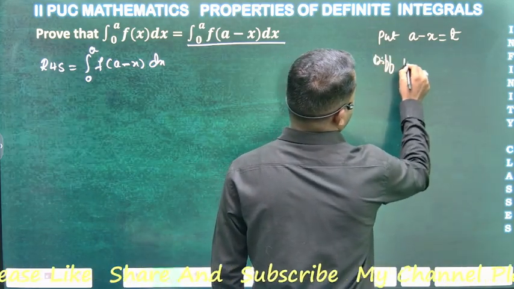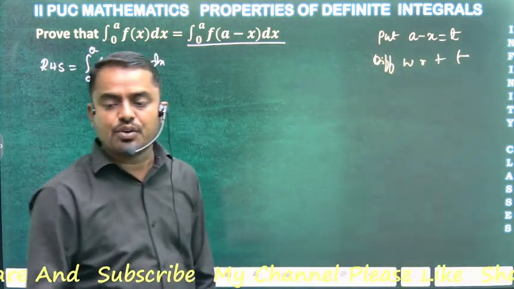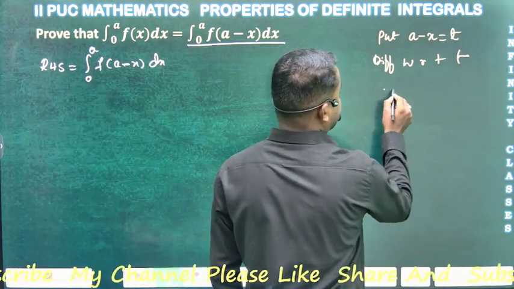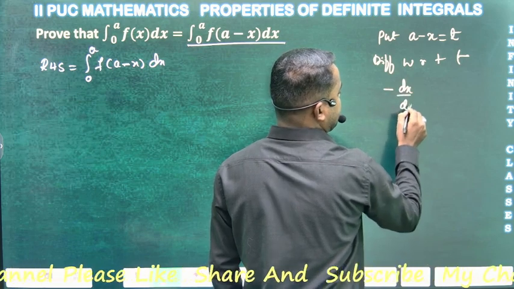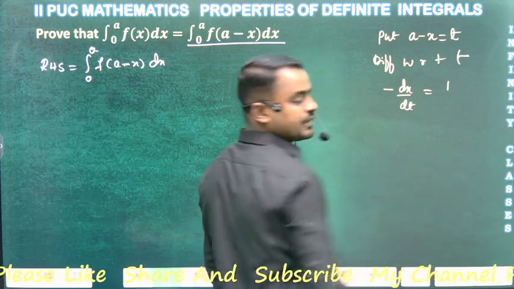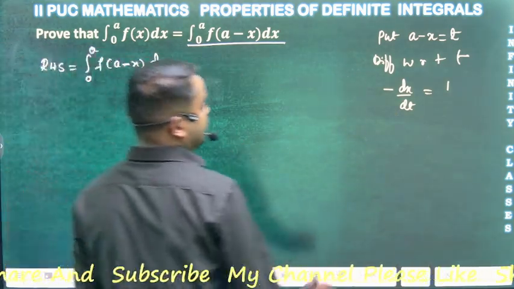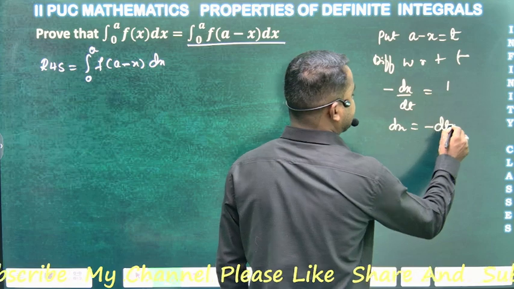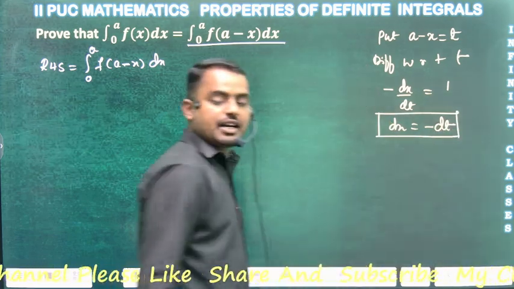The derivative of a is 0, and the minus sign stays as it is. The derivative of x with respect to t is dx by dt, and the derivative of t is 1. Now cross multiply: dx is equal to minus dt, as we did in the last property at the time of proving.